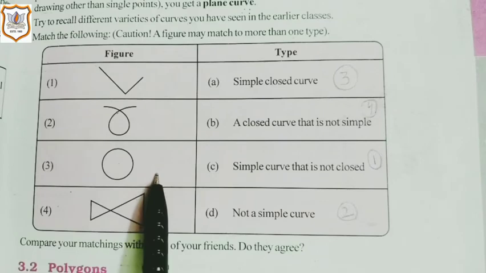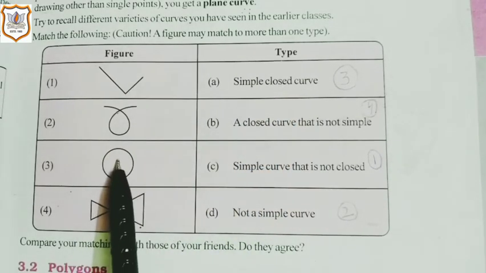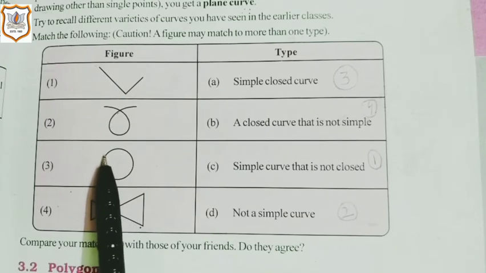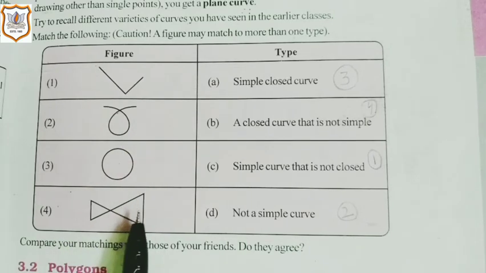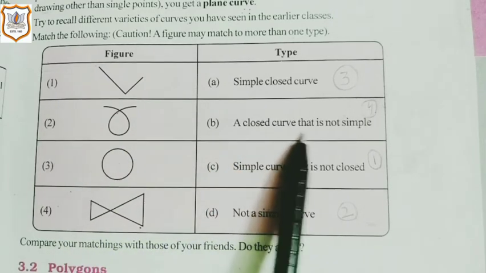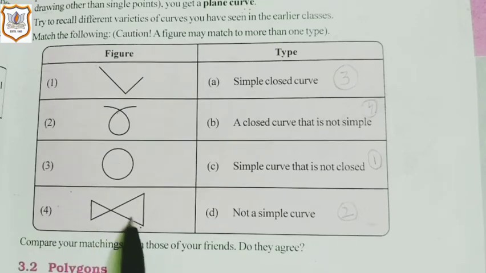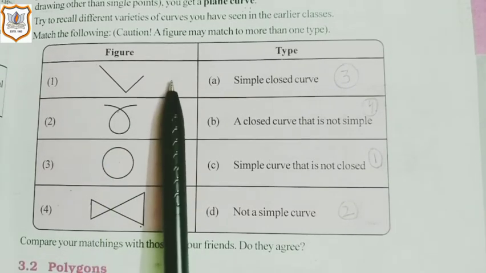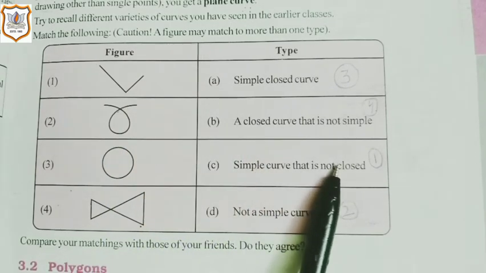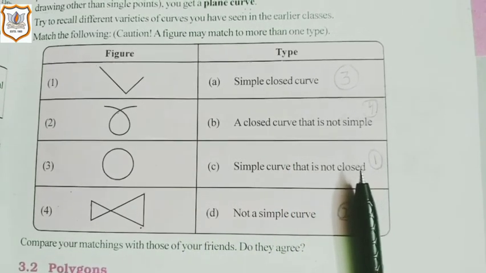Third, this is a simple closed curve because its starting and ending points are the same. Next, this is a closed curve but it is not simple because in this figure the lines intersect each other. So students, you have to do this matching in your textbook. Clear? Do it in your textbook, not in your notebook.